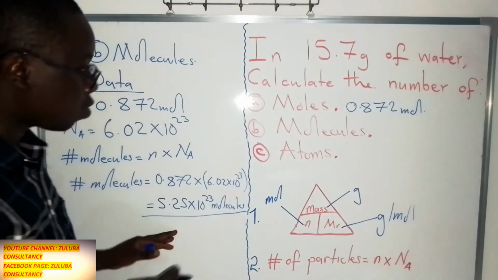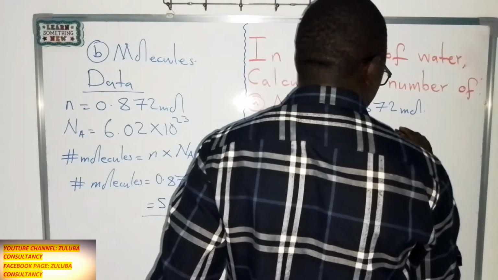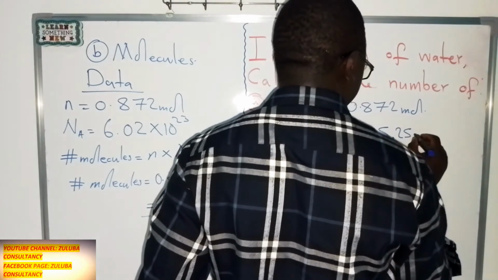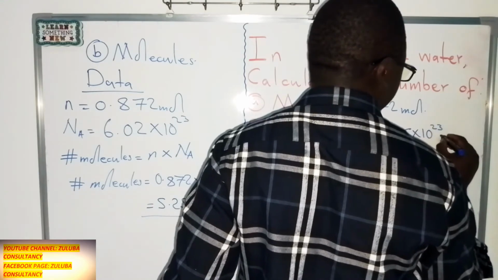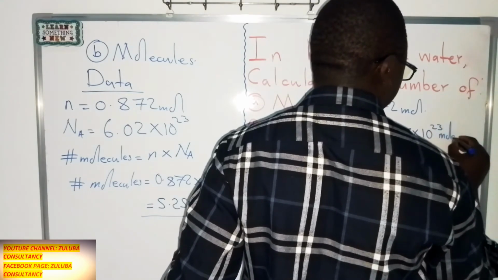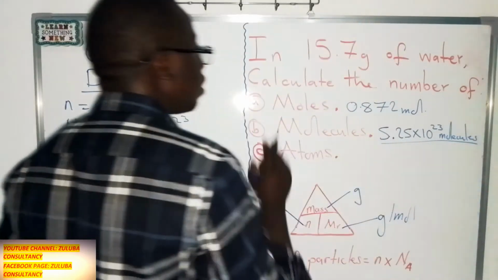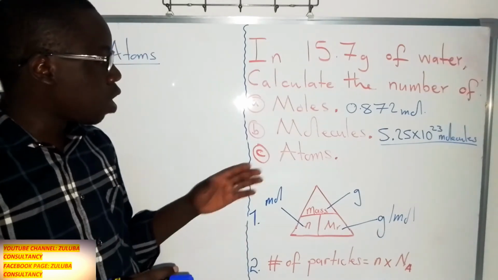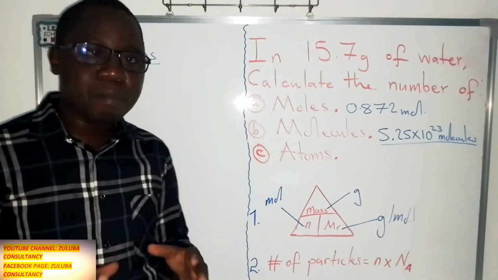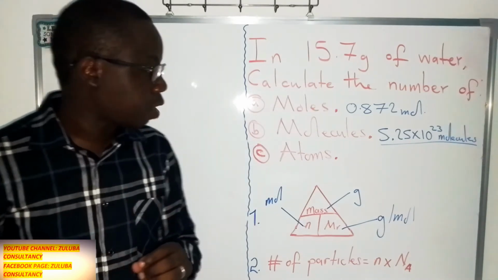So we can put this number, we are saying 5.25 times 10 to the power 23 molecules. So these are the molecules present in the 15.7 grams of water. Last but not least, we want to know how to calculate the number of atoms present in the 15.7 grams of water.